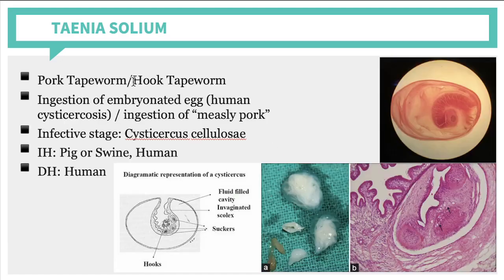Please take note of that. Embryonated egg. And the infective stage we call Cysticercus cellulosae. The intermediate host will be the pig or swine. And again, humans here can also be an intermediate host because of the ingestion of the embryonated egg.